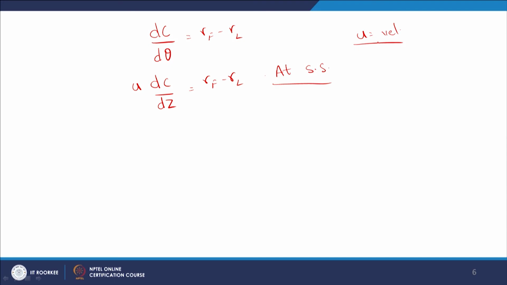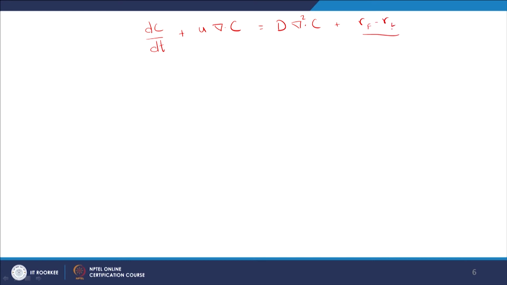So there is a much simpler way, obviously, and for that we need to have some background about the relevant fundamental equation. So what was our fundamental mass balance equation, if you remember that? I guess dc by dt, right, plus u del c is equal to diffusion coefficient into del square c plus sources or sinks, which are nothing but rate of formation minus rate of loss.